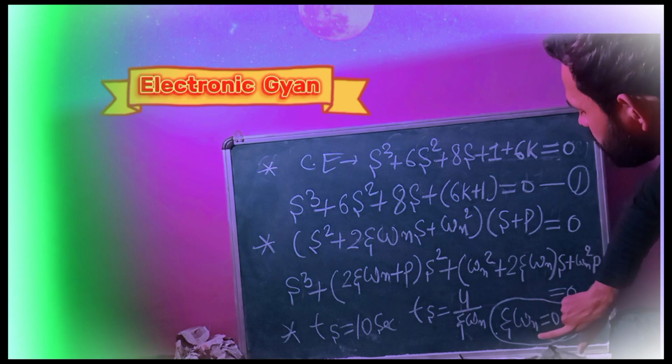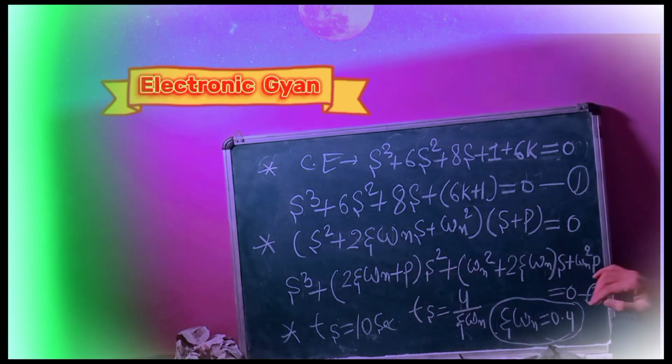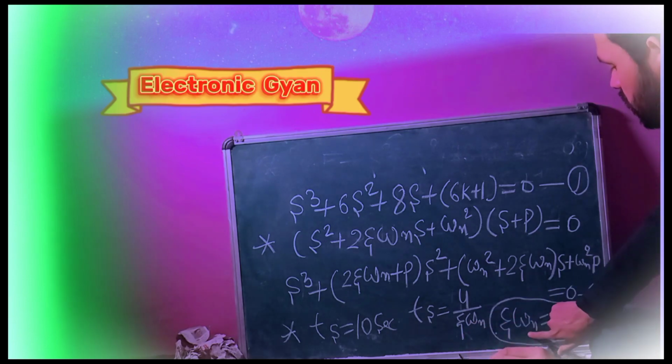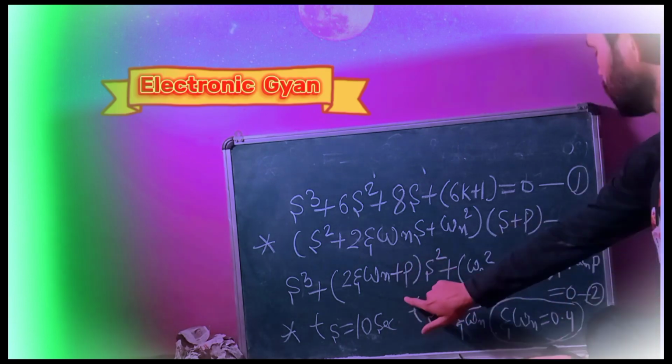Now we are going to put this zeta omega n into equation number 2.